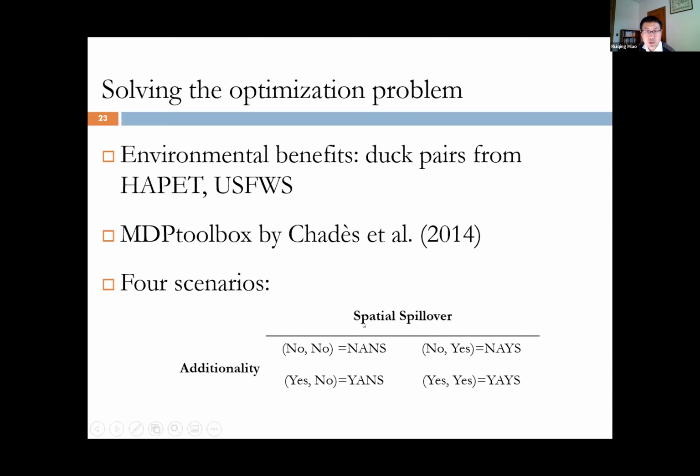We consider 4 scenarios based on whether or not we consider additionality or spatial spillover. If we consider neither additionality nor spatial spillover, we label it NA/NS, meaning no additionality, no spatial spillover.